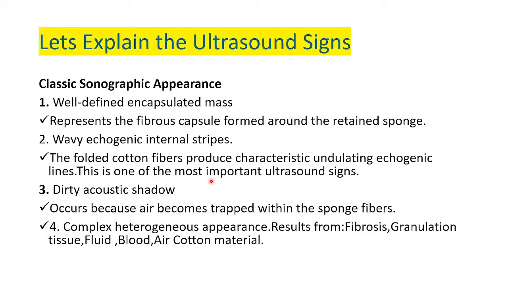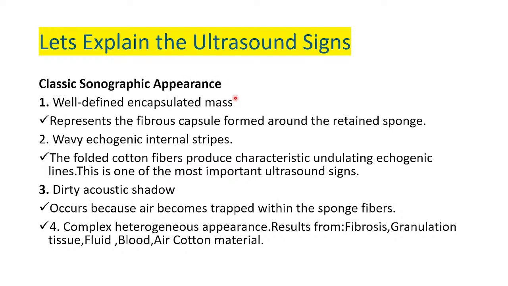This is one of the most important ultrasound signs. Number three, dirty acoustic shadow due to air, which occurs because air becomes trapped within the sponge fibers. Number four, complex heterogeneous appearance results from fibrosis, granulation tissue, fluid, blood, air, and the cotton material.